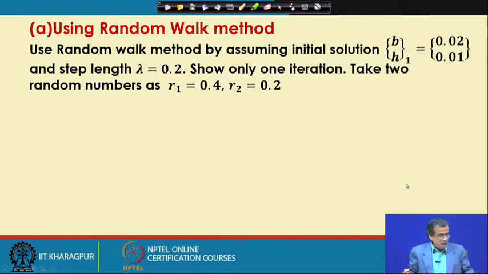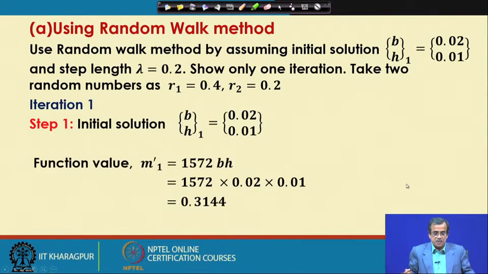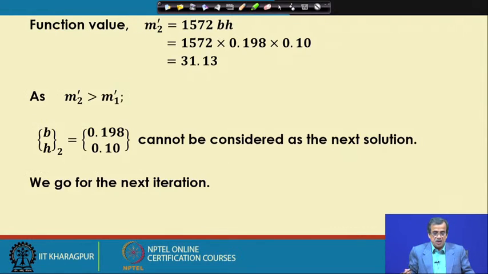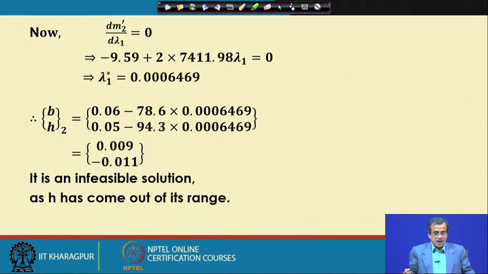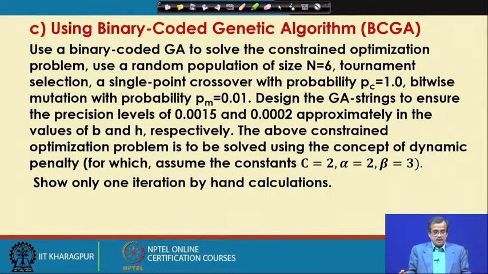Now, let us see how to solve this constraint optimization problem using a non-traditional tool like genetic algorithm. Here I am going to start with a binary coded GA. We are going to use a binary coded GA to solve this constraint optimization problem, and I am going to show some hand calculation considering the population size n equals 6.